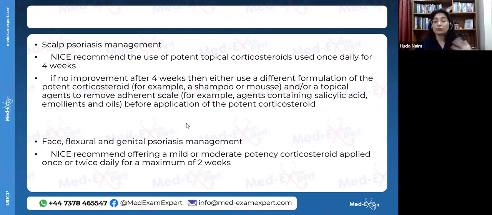Remember where you would use a high potency steroid and where a mild or moderate one, because if you use it on the exposed surface, it could lead to skin atrophy. So for the face, and for flexural and genital psoriasis, we use a mild or moderate one because we do not want that part of the skin atrophied.